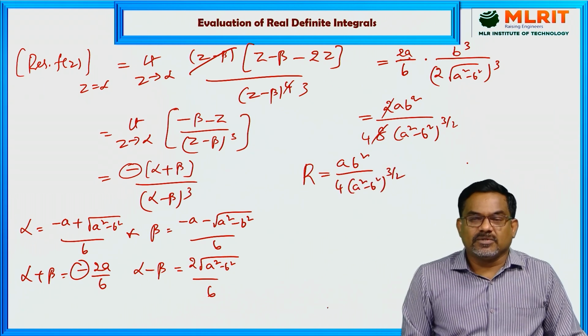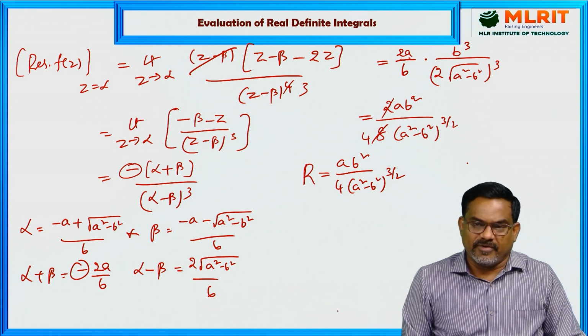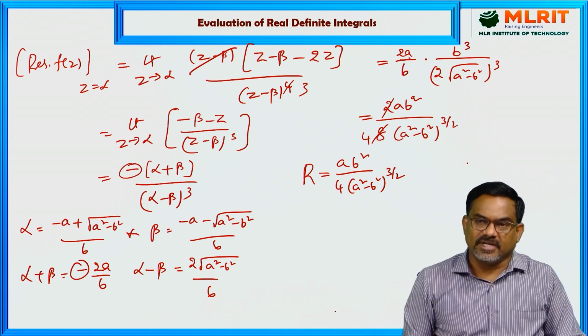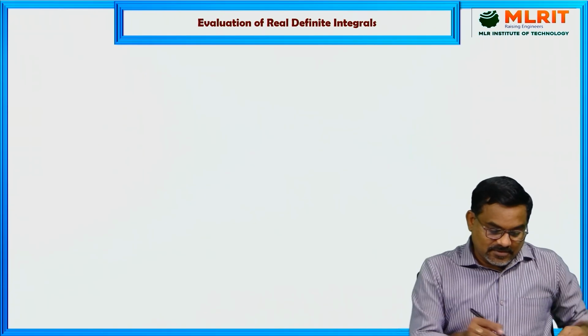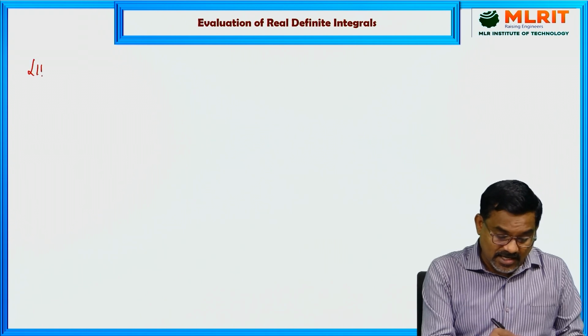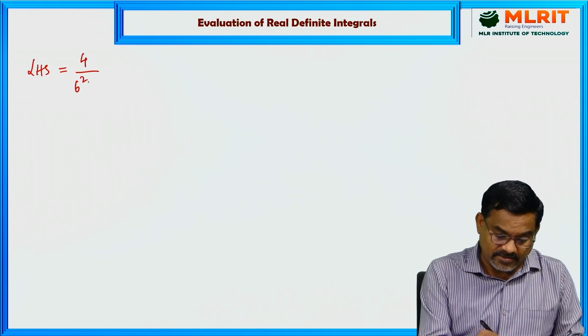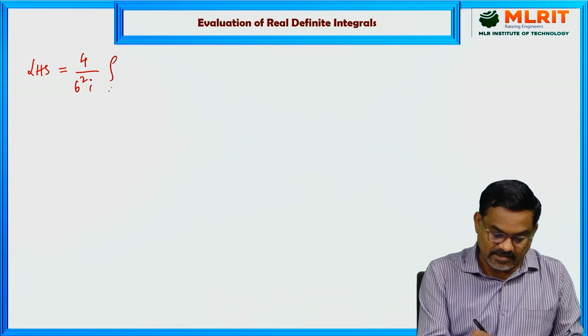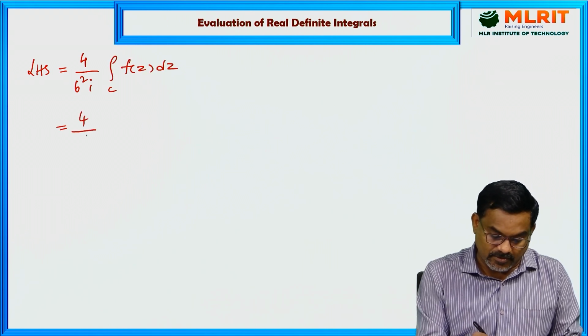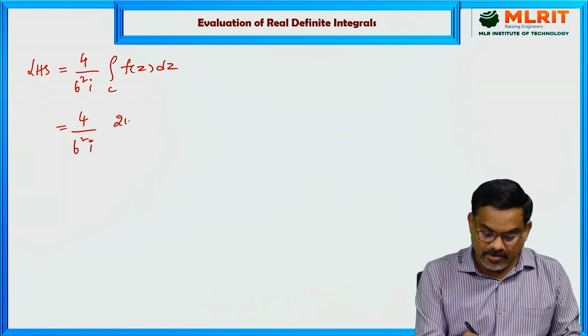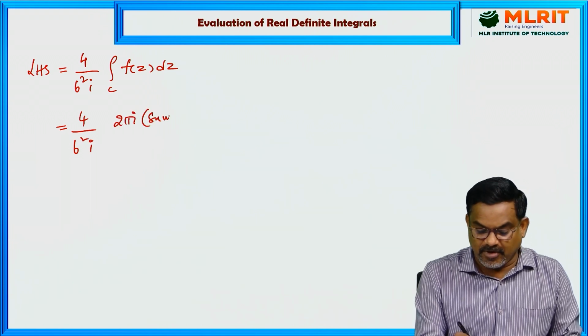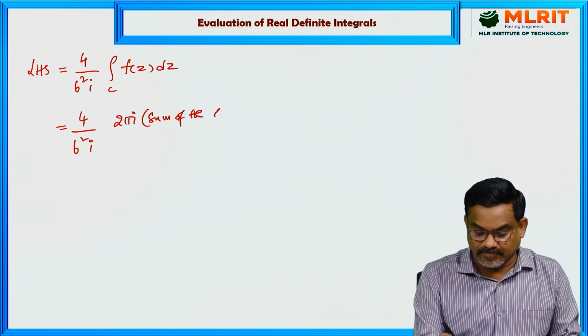Now, we use the Cauchy's residue theorem to evaluate the line integral of that f of z. So we have the LHS is 4 by b square i integral c f of z dz, which is equal to 4 by b square i into 2 pi i into sum of the residues.